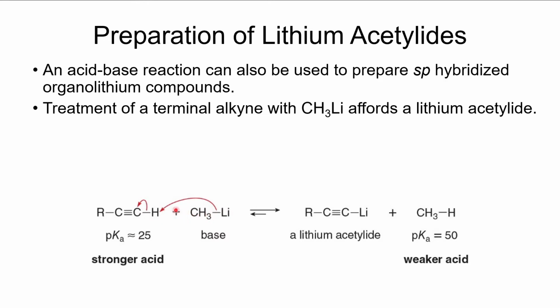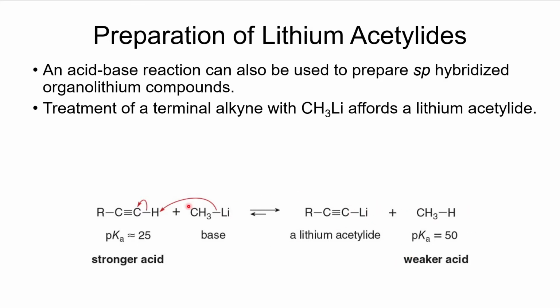So methyl lithium, you can deprotonate that terminal alkyne, and that will give you the lithium acetylide. Here you'll notice that we put a covalent bond, and that's just because technically it is a covalent bond. It is less polar than the sodium carbon bond that we saw on the previous page, and that sodium carbon bond was so polar that we think of it as ionic.